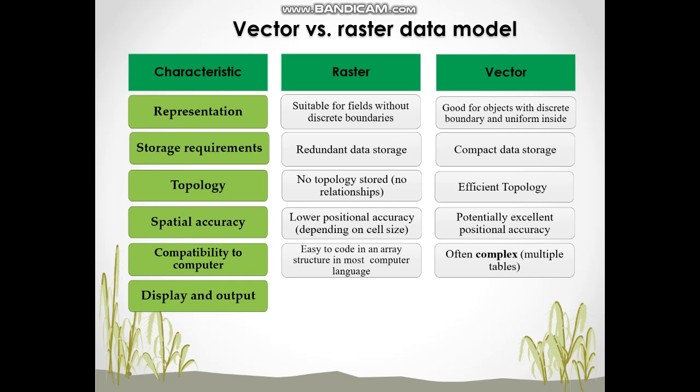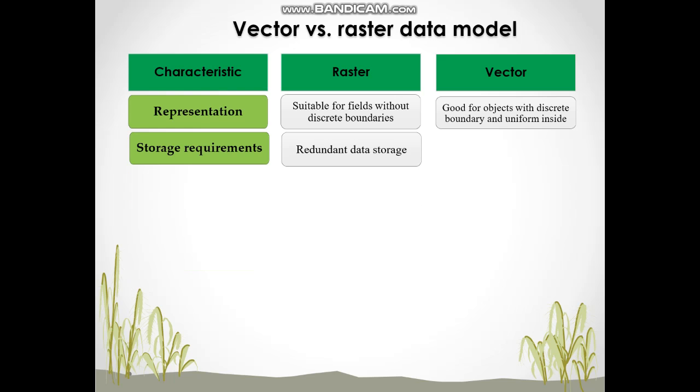How about the display and output? The raster data model is very good for field features in terms of displaying and output, right? Like temperature or digital elevation model. But for discrete features, the raster data model may show stair-like boundaries, right? So, for example, let's look at this one.